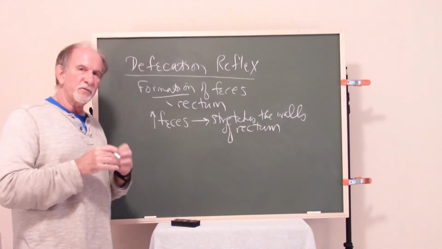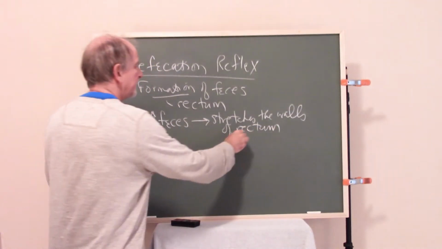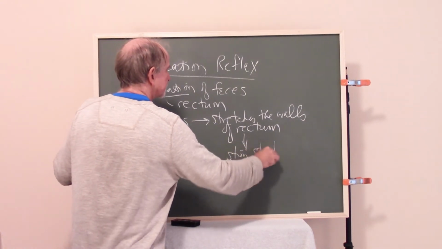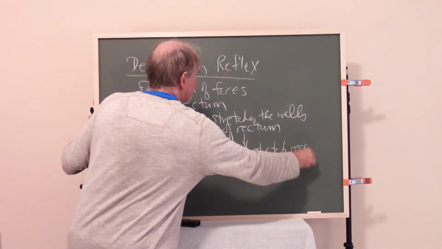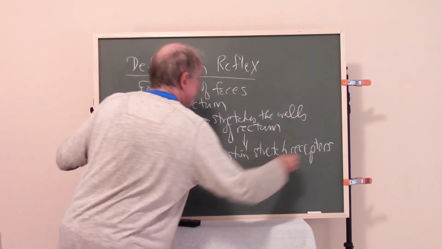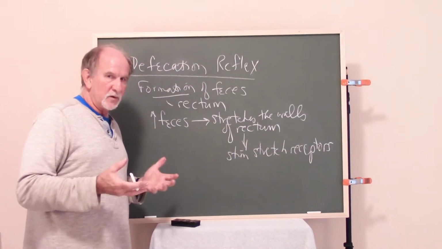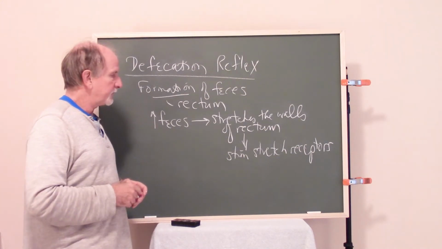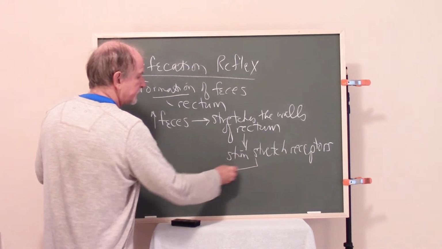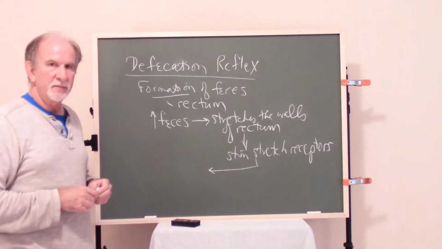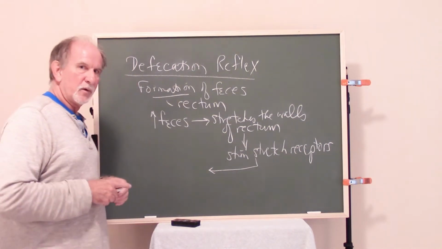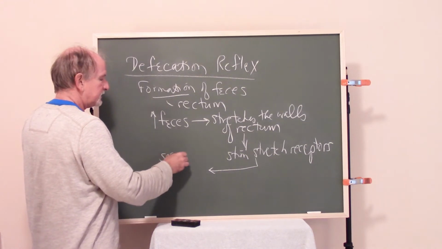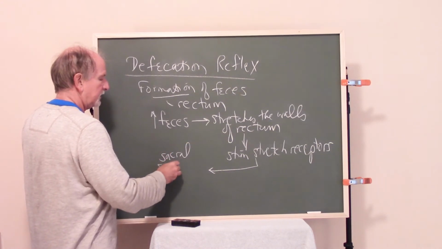And as the walls of the rectum stretch, it stimulates stretch receptors, which would be the dendritic ends of unipolar sensory neurons embedded within the wall of the rectum. When these stretch receptors are stimulated, they send sensory impulses into the sacral segments of the spinal cord.